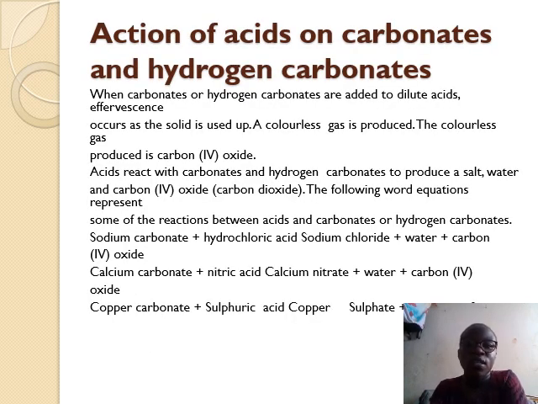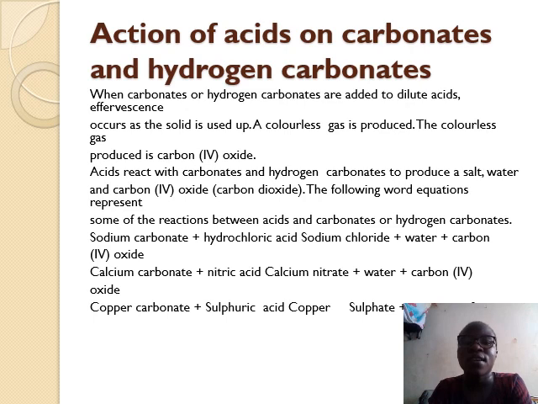Next, we're going to talk about the action of acids on carbonates and hydrogen carbonates. When carbonates or hydrogen carbonates are added to dilute acids, effervescence occurs. Effervescence is the production of bubbles, which signifies the production of a gas.